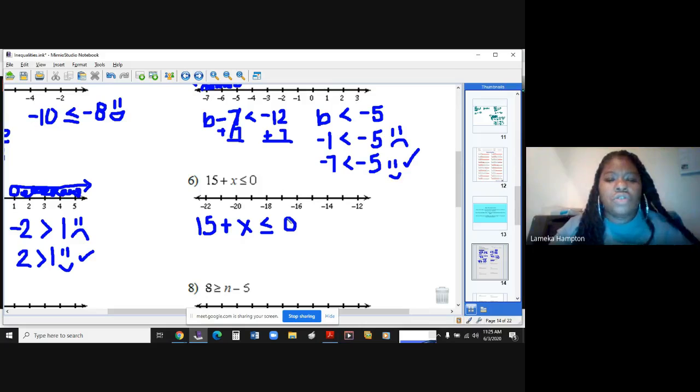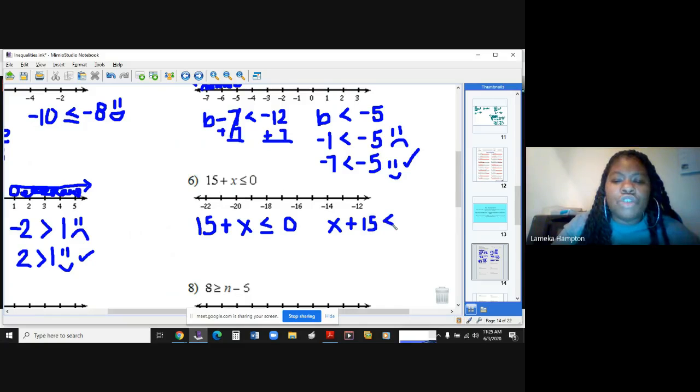Now I'm going to write this another way. You don't necessarily have to do this, but I want to show you that when you are dealing with addition problems, you can transpose them or switch them if it helps you to do that.